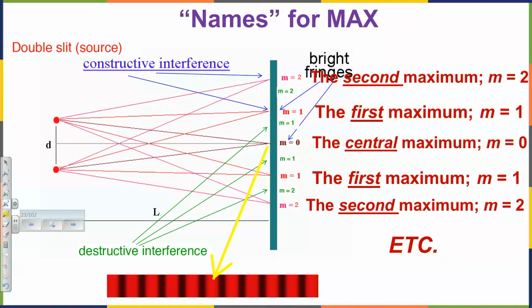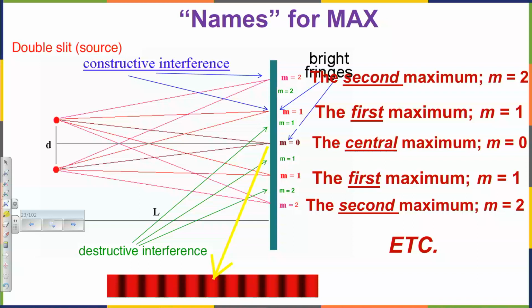If we talk about maxima, in Greek, single maximum, plural maxima, we call them central, then first, then second, then third, and that corresponds to that number m we use in the equation.